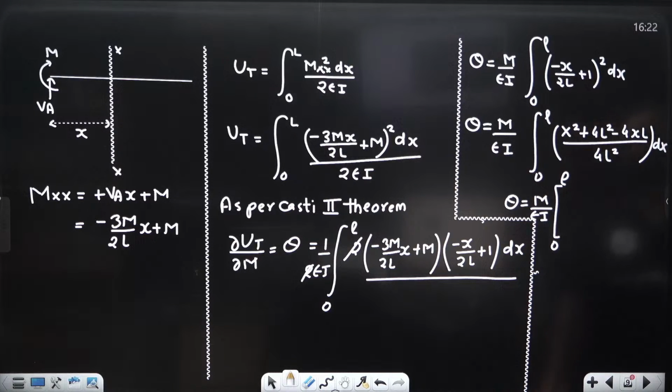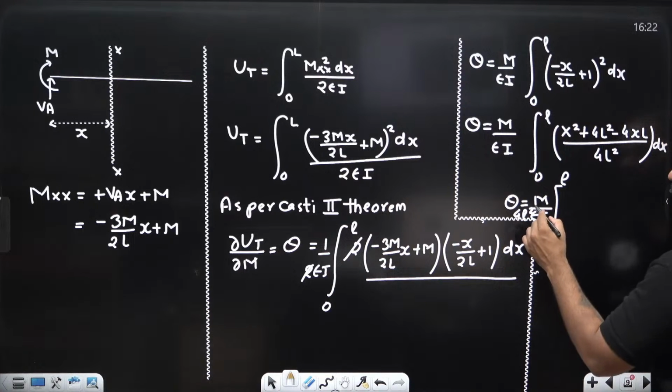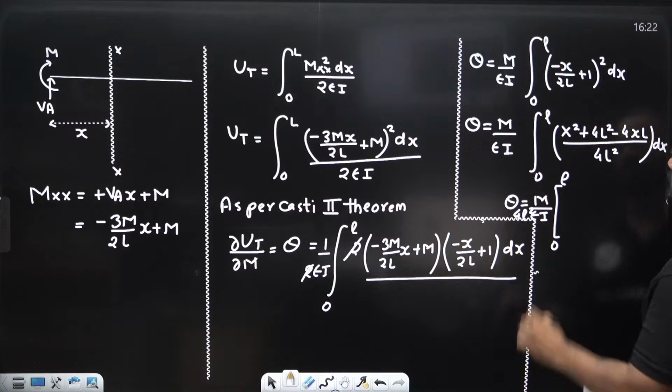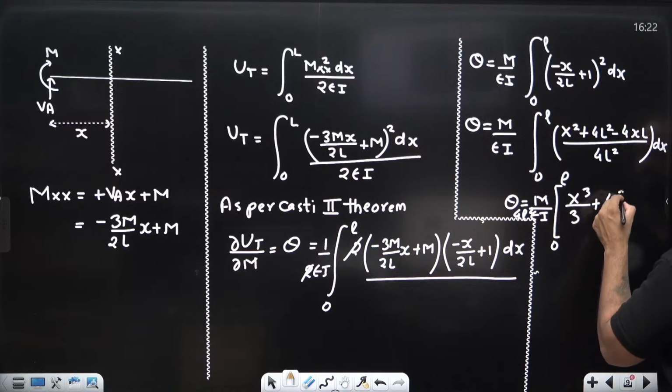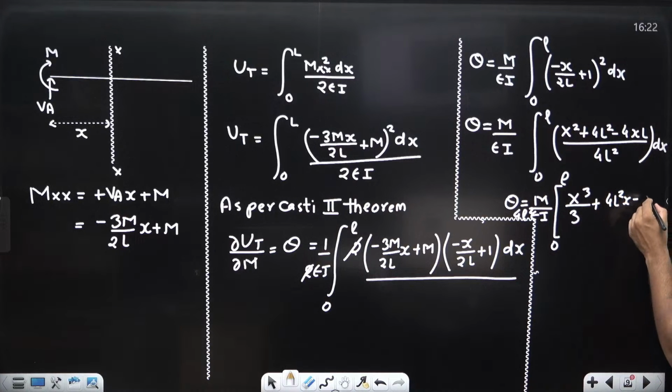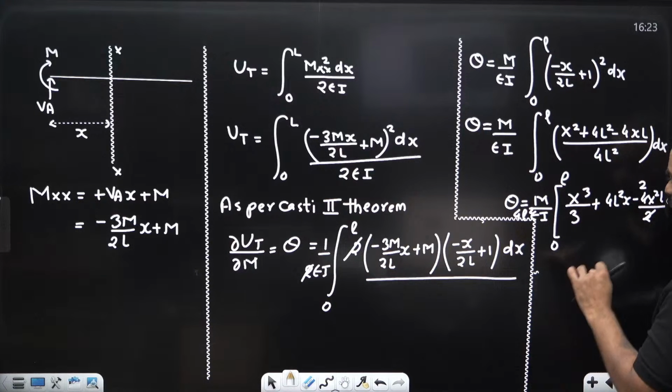Okay, we need to integrate it, right? Let us write M by 4L square EI. Now you need to integrate this, then you have to put the limit. It will become x cube by 3, and this is 4L square into x minus 4x square L upon 2. You can cancel this, it will become 2. Okay, perfect.